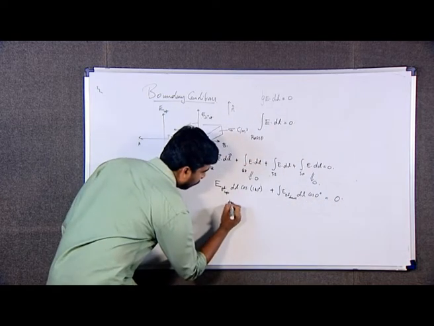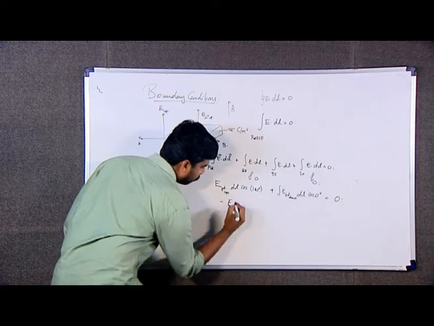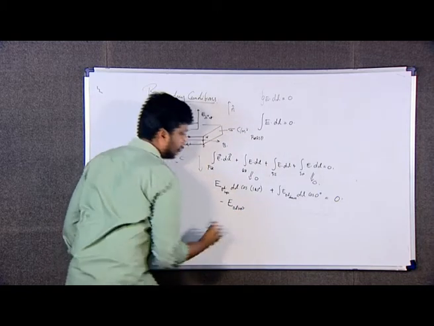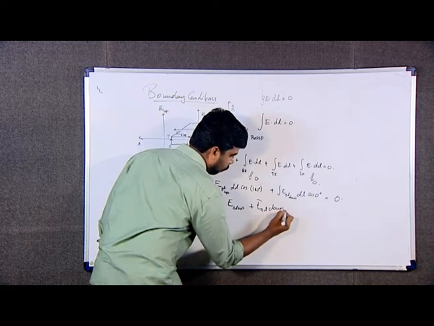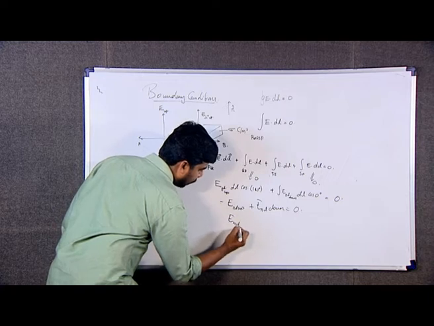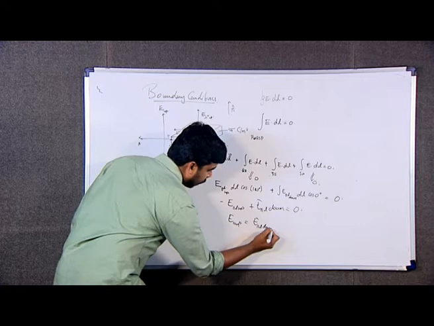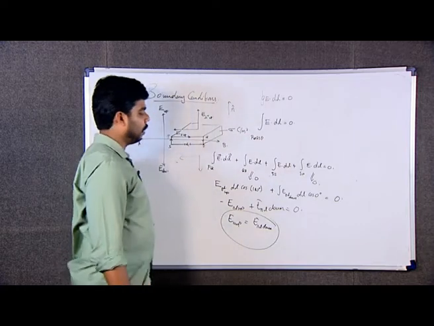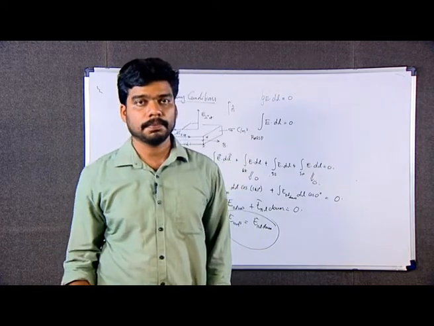That means minus, because cos 180 degree is minus 1, E parallel up plus E parallel down is equal to 0. That means E parallel up is equal to E parallel down. That means the parallel component of electric field is continuous at the boundary.